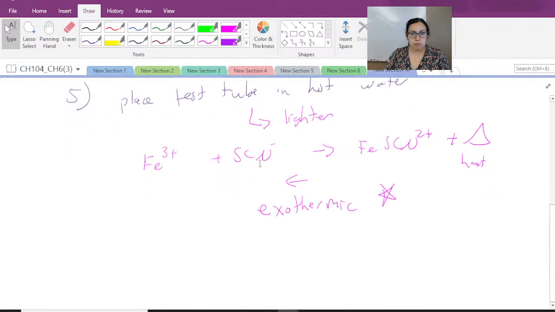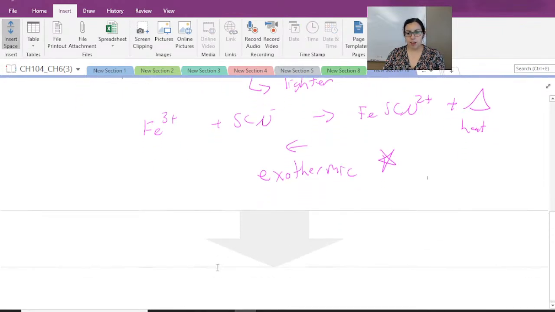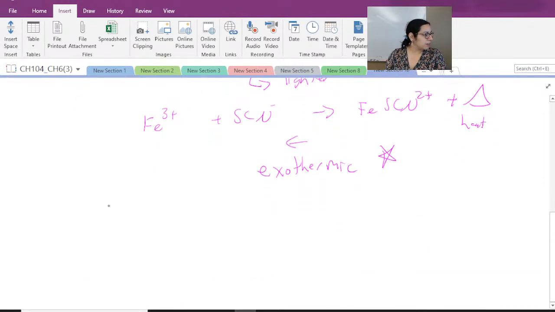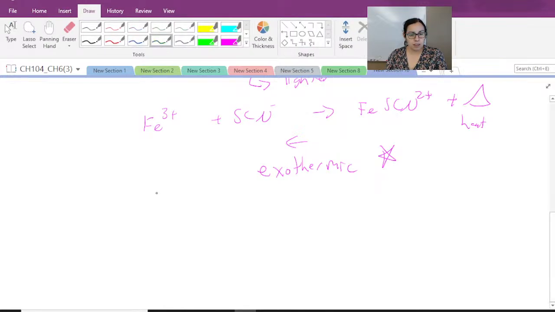Although, maybe in this last minute of time, I'll mention a reaction that's a good example of one of those solids. So this is kind of an interesting scenario.